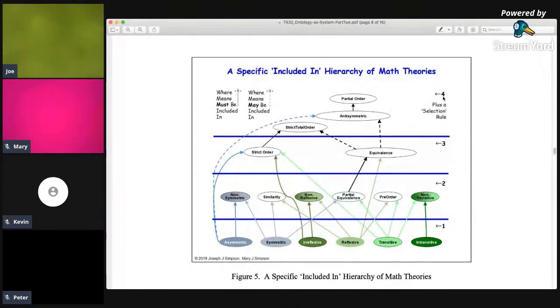When you get 4, where you have anti-symmetry and strict total order, you start having issues because there are if statements. You say if this, then that, and that introduces uncertainty into these compound logical rules that have 4 or more components. So at this time we restrict the logical evaluation to 3 or less, because there are no if statements, no uncertainty down here in this area.